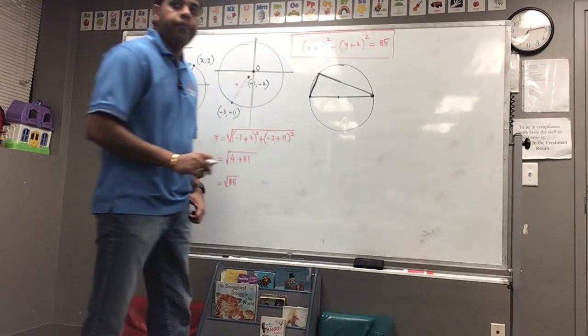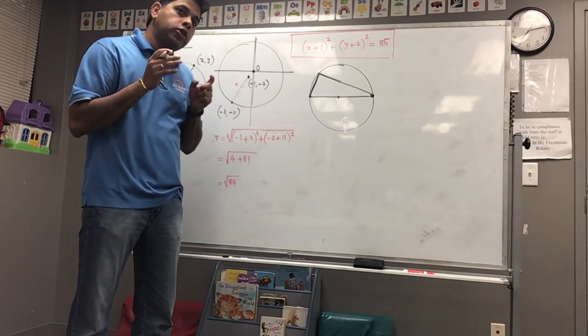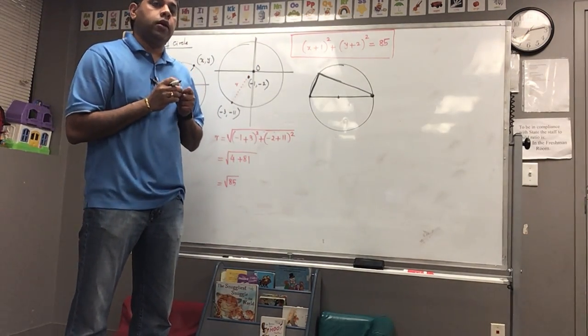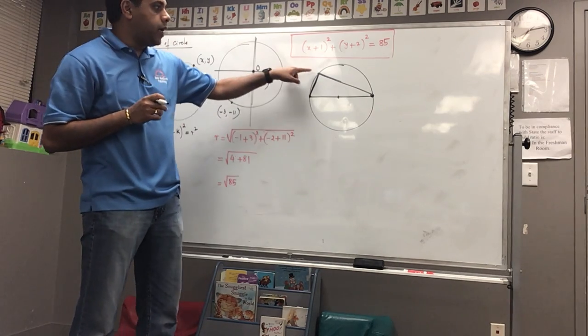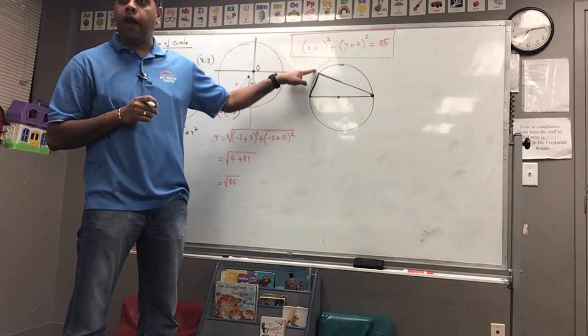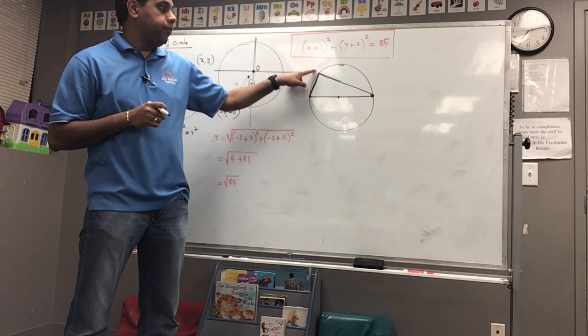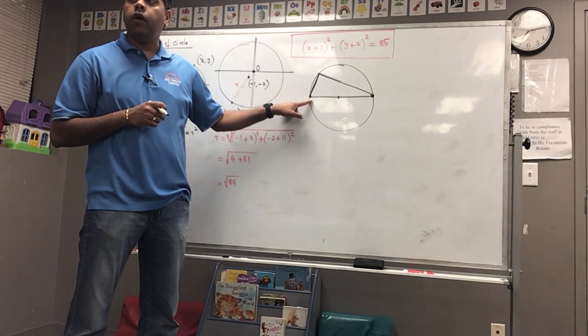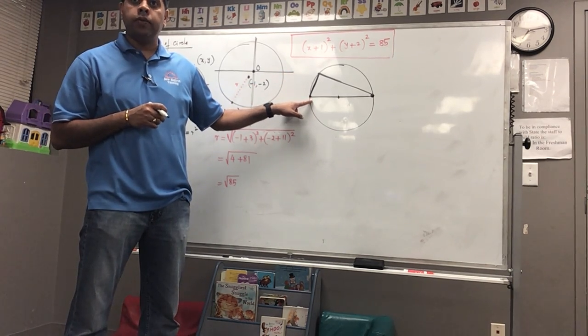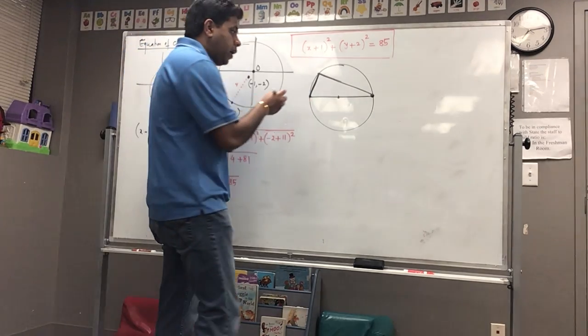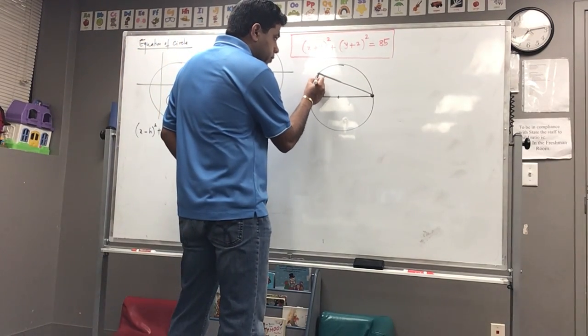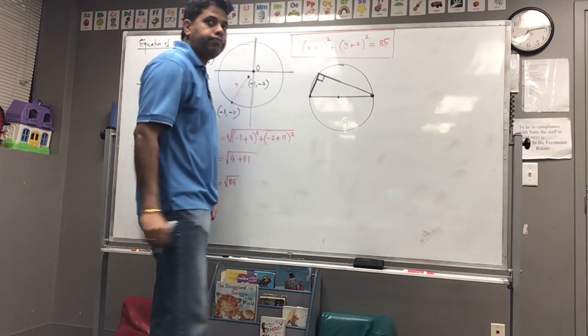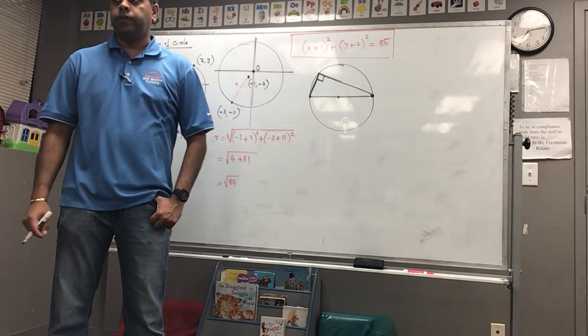All right, listen up. So when two chords meet at a point on the circumference with the baseline forming a diameter, the angle of the two chords is 90 degrees. Law of chords.